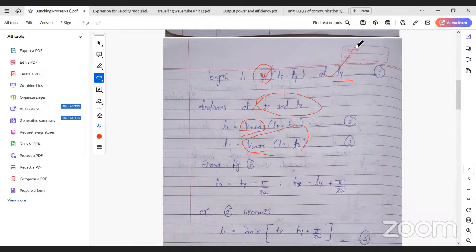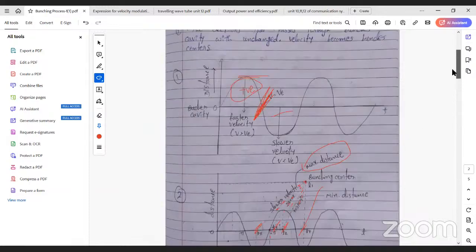One equation is related to Ty, another to Tx, another to Tz. And I'm considering Tx equal to Ty minus pi by 2w. I am getting this from figure 1.